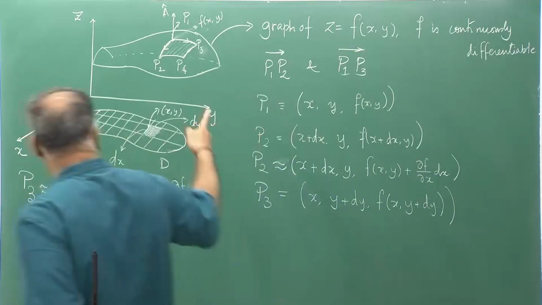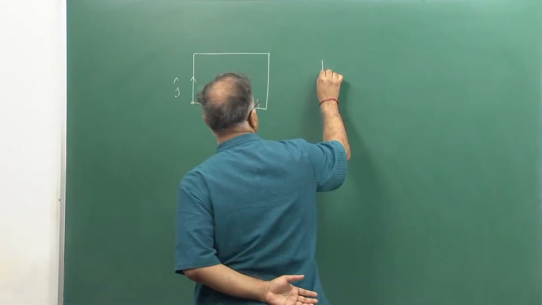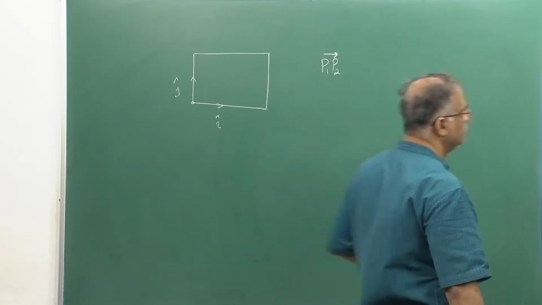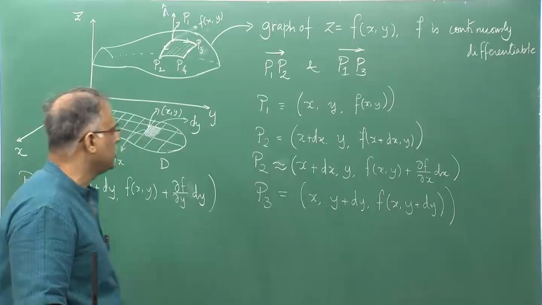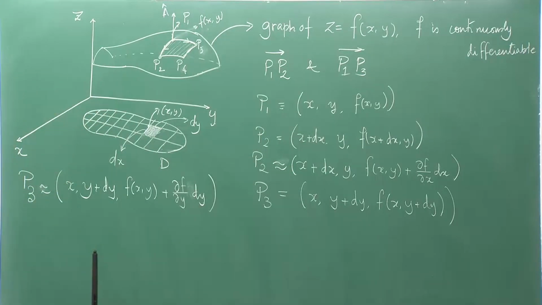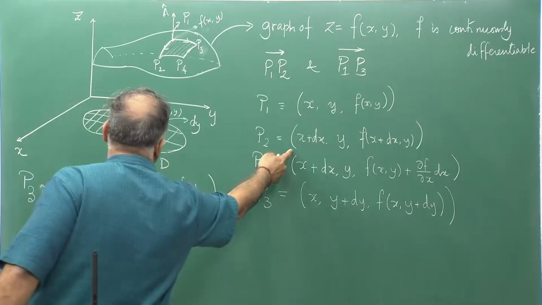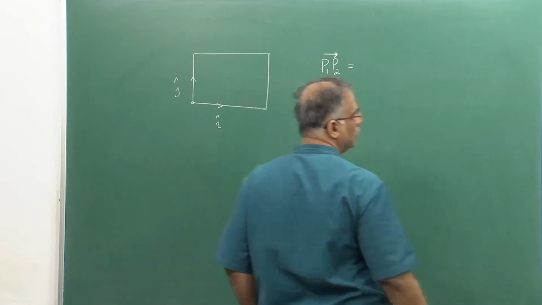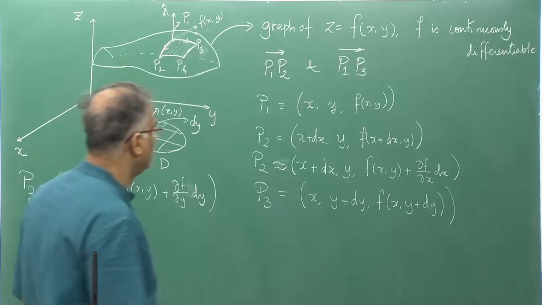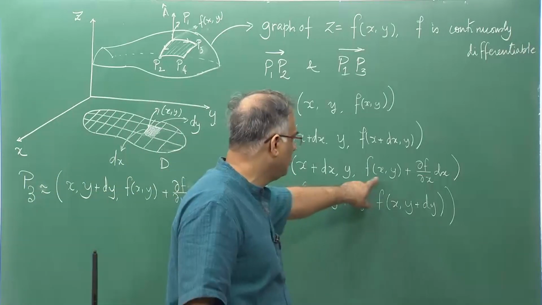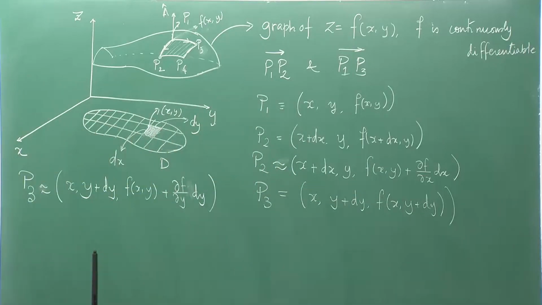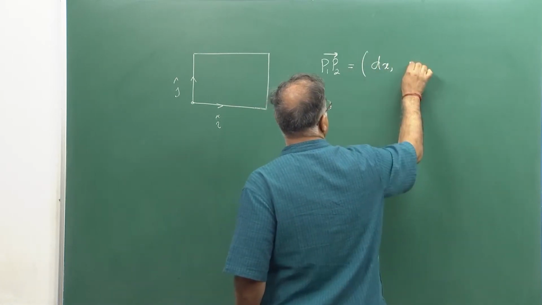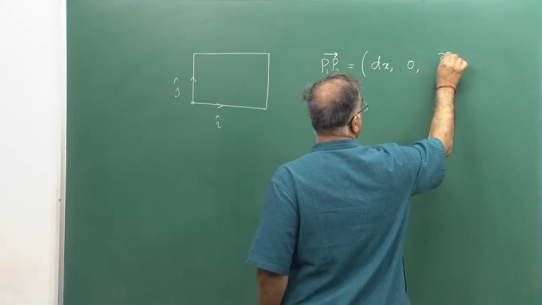If I look at the P1, P2 vector, you know how to do it, just subtract the differences, P1 to P2. So you actually subtract from here to here. So the P1, P2 vector would give me dx, 0, and del f del x dx.